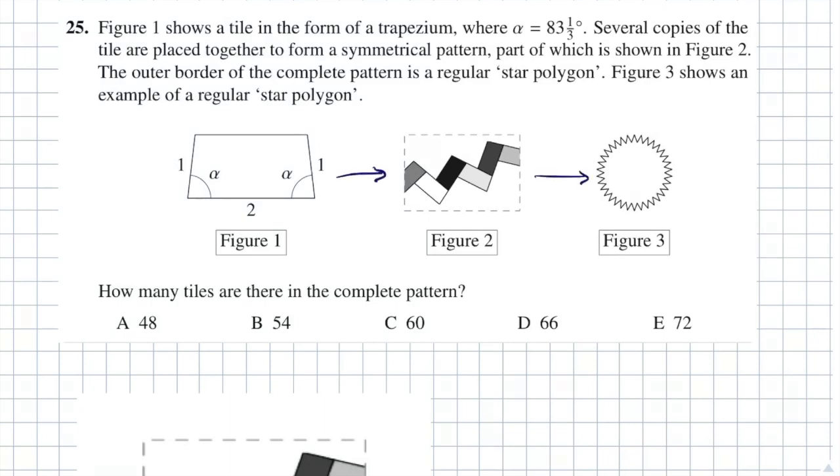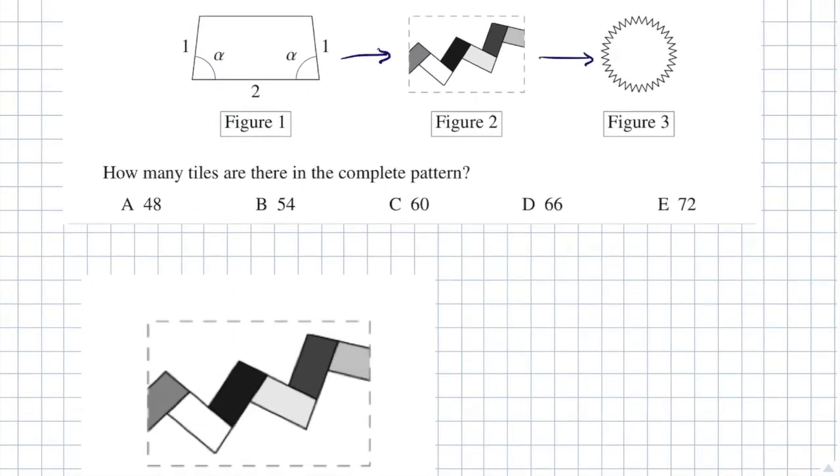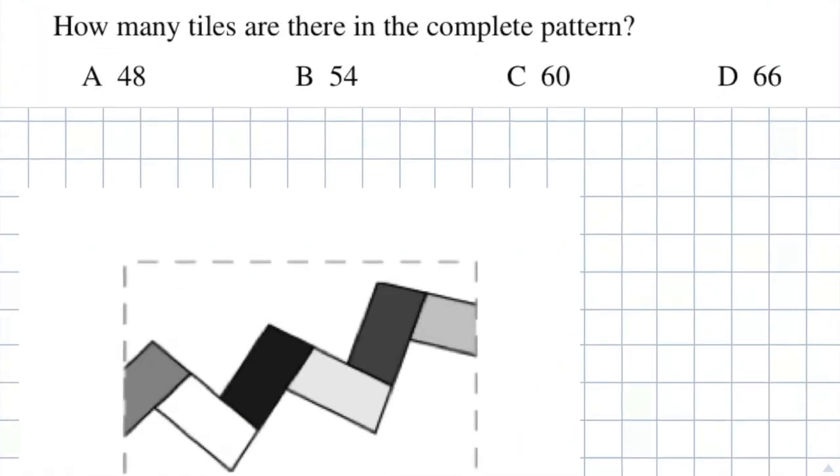What you should be able to see is in figure 2, which I've enlarged here, that this is actually made up of several trapeziums from figure 1. If we zoom in, let's say on this trapezium, this is going to have an angle of alpha, this is going to have an angle of alpha, and therefore we can say the same for each of these trapeziums.